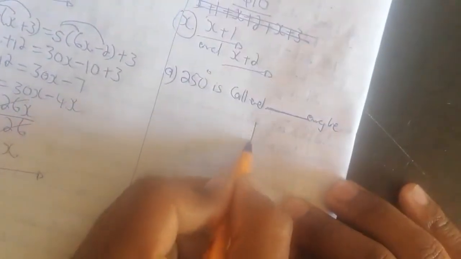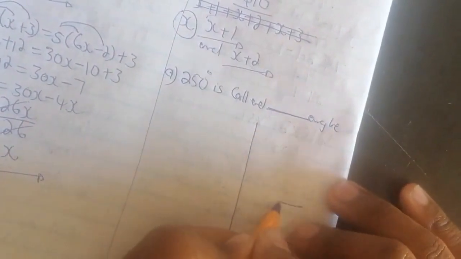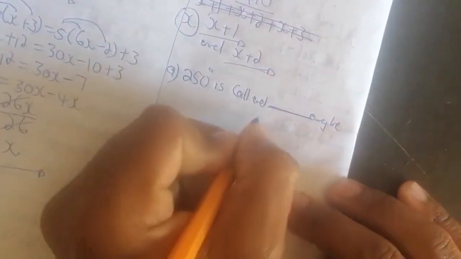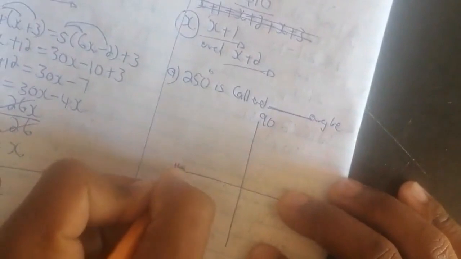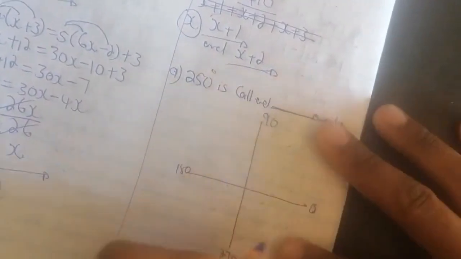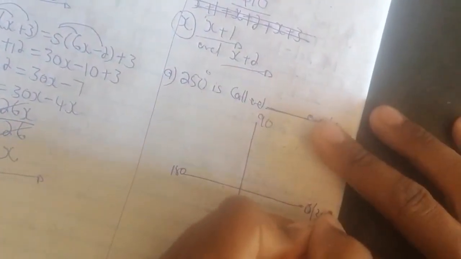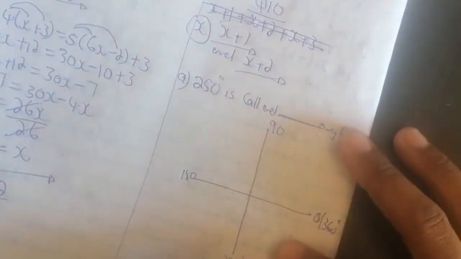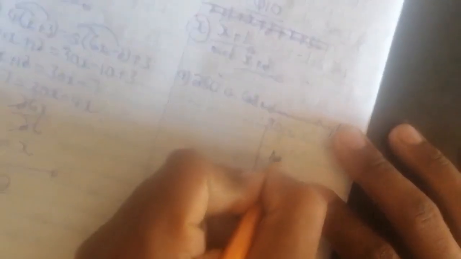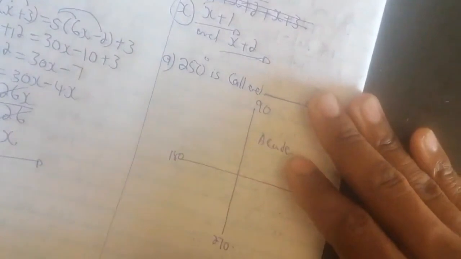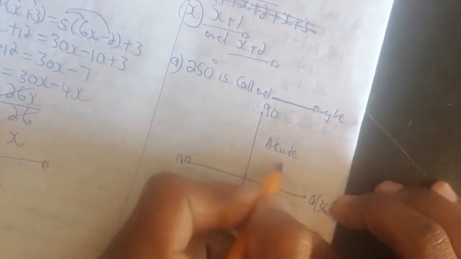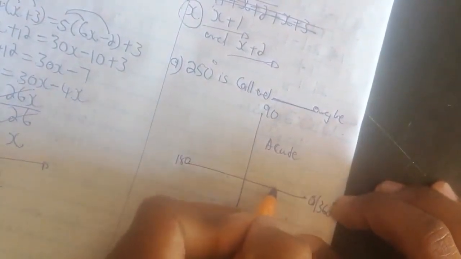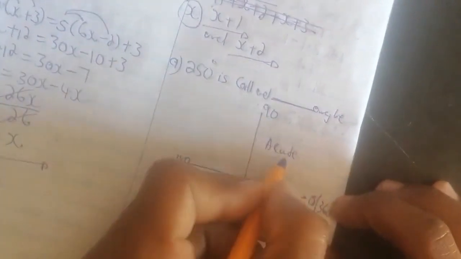And I'm going to draw your attention to the Cartesian plane. 0, 90, 180, 270 and 360 degrees. These are acute angles because they are all angles that are less than 90. They are greater than 0 but less than 90.